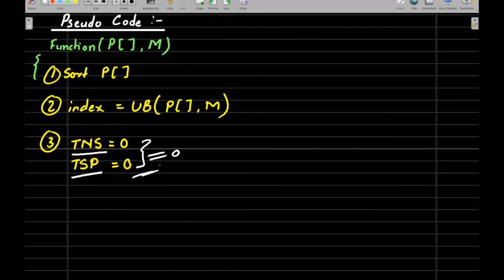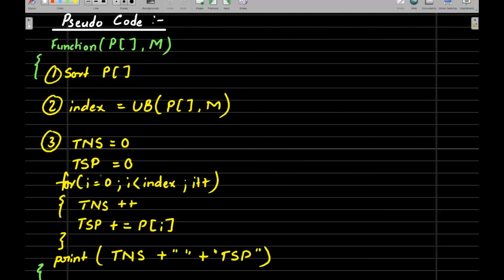I'll tell you why. We are going to run a for loop starting from 0. It will run till the index just before the upper bound of m. That's why i is less than index, because index is nothing but the upper bound of m. Here the total number of soldiers is incremented, and the total sum of power of soldiers killed by Piyush is also counted.